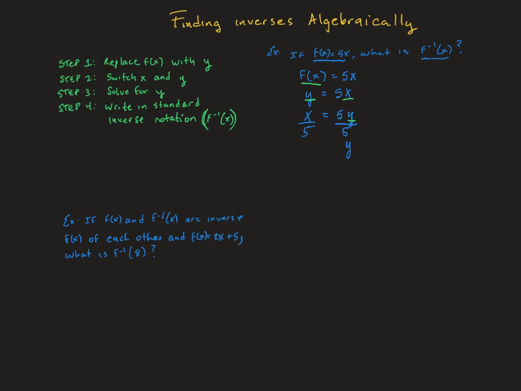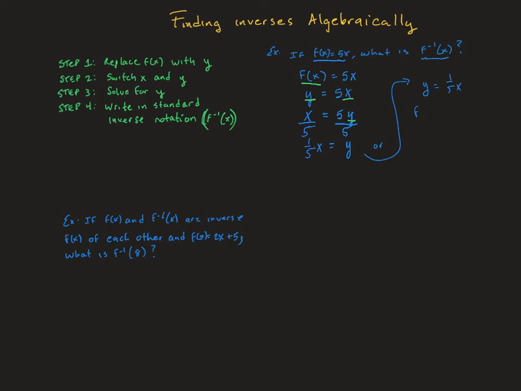And then I find out that y is going to be equal to 1/5 x. So y equals 1/5 x. And then step 4 says to write in standard inverse function notation.